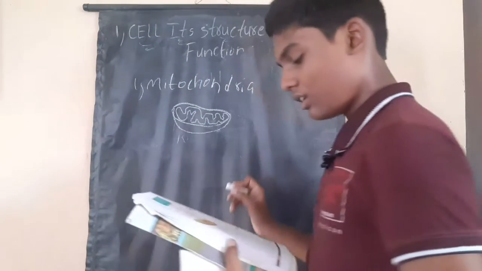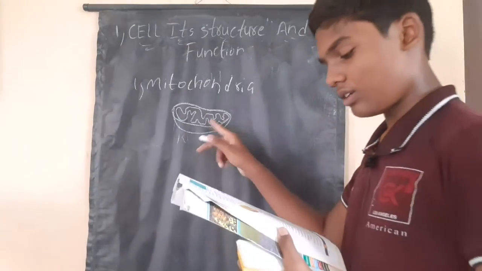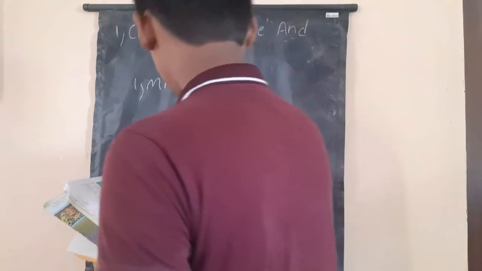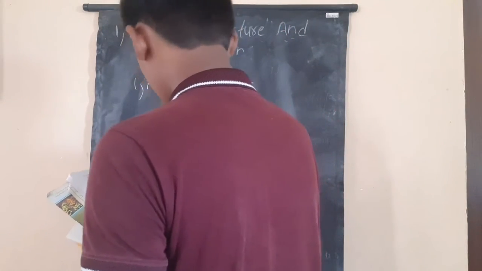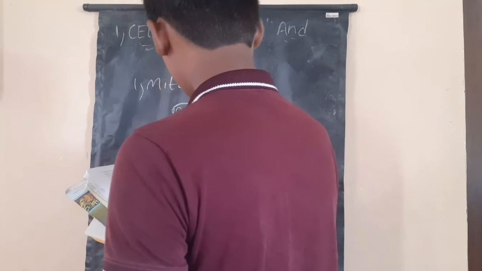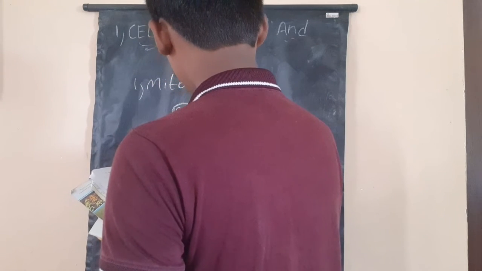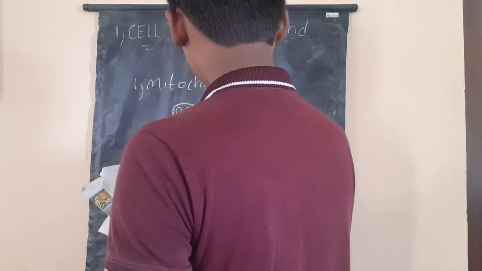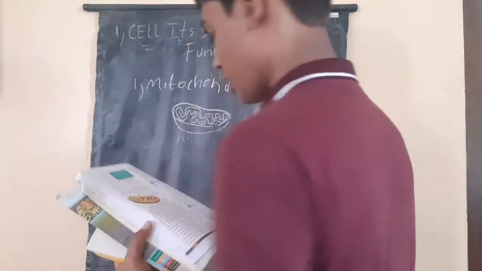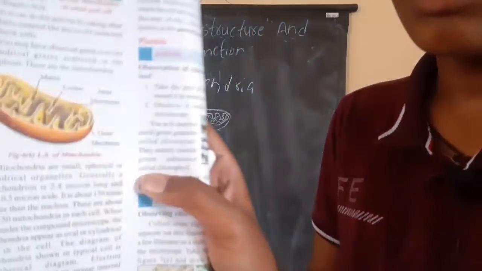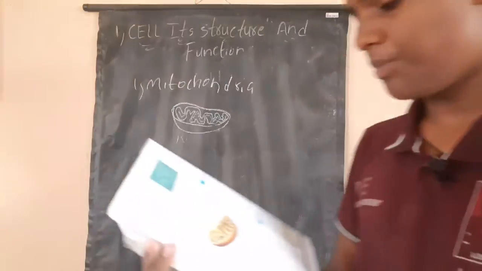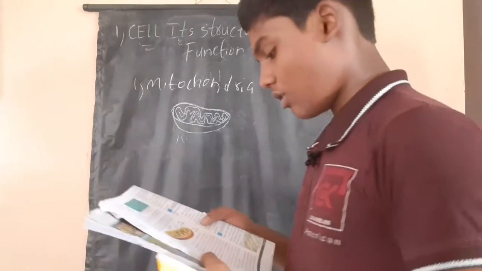In the inner part we have some thread-like structures. Here we can see the structure of mitochondria. Now let us see the parts of the mitochondria.